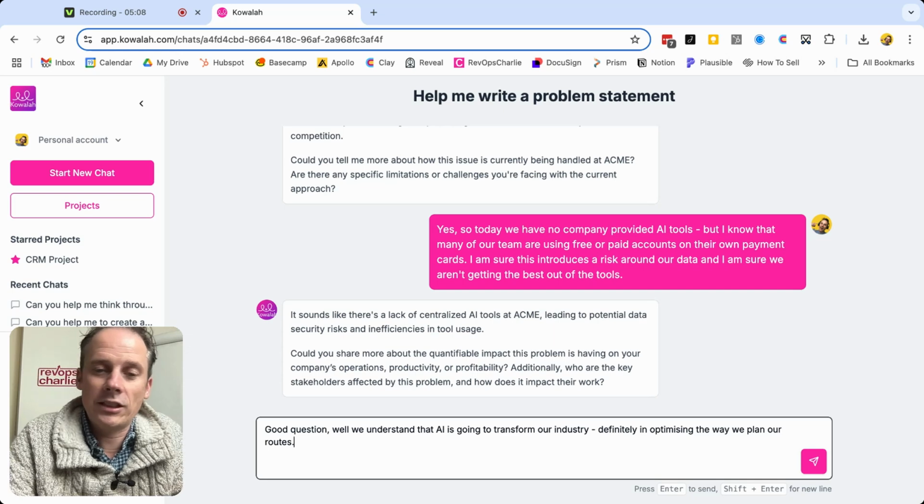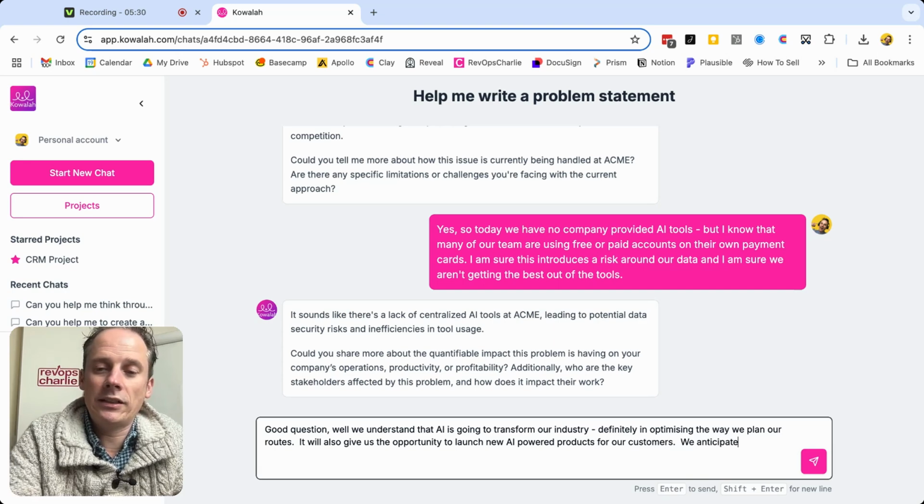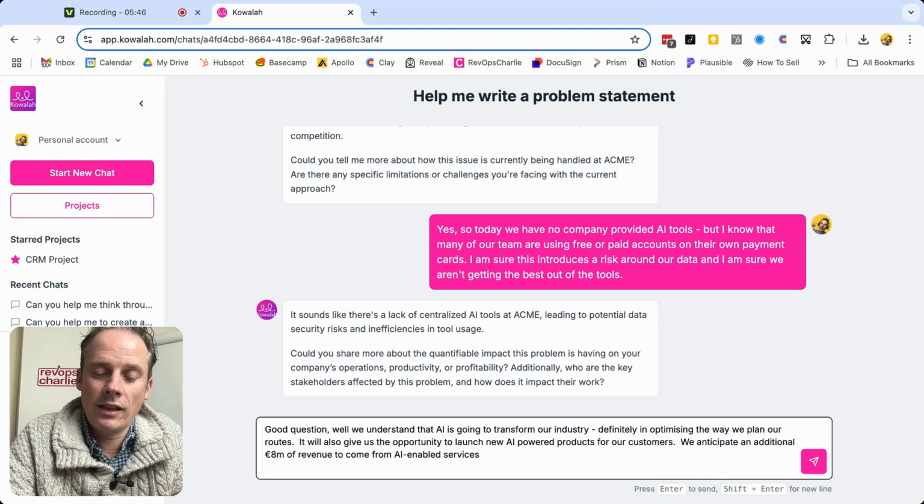I mean, I know nothing about logistics, but anyway, it will also give us the opportunity to launch new AI-powered products for our customers. We anticipate an additional 8 million euros of revenue to come from AI-enabled services, making that up.